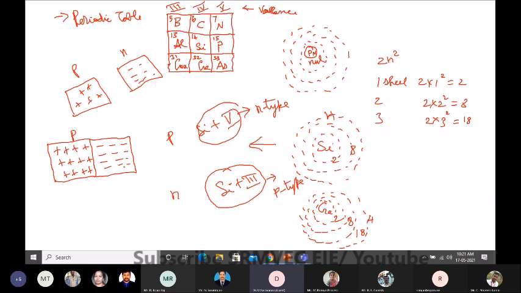So what is the nature of these holes and electrons? We know that unlike charges attract each other. So the electrons are attracted towards the holes, and the holes are attracted towards the electrons, due to their nature. So what happens at the junction region?